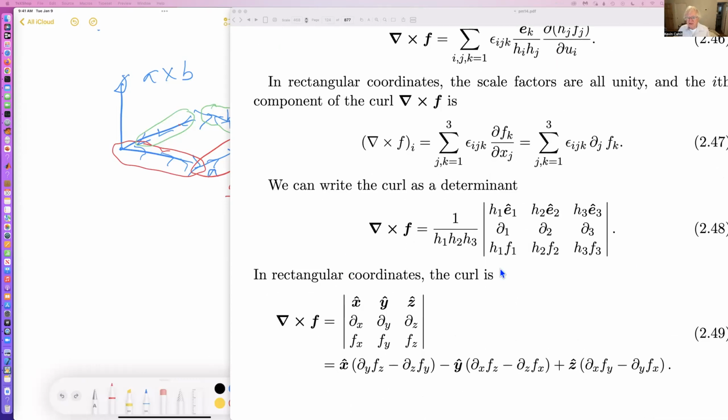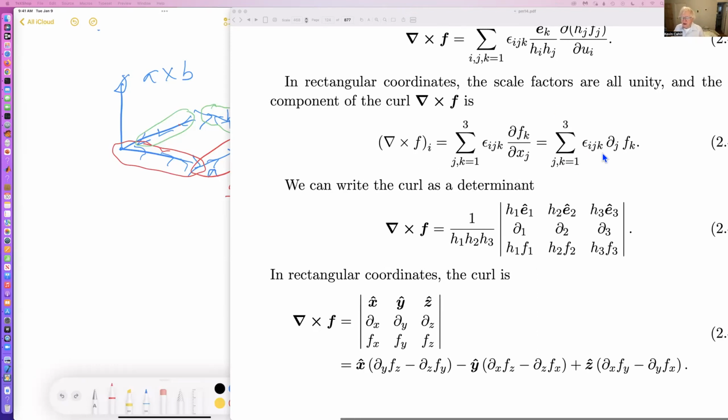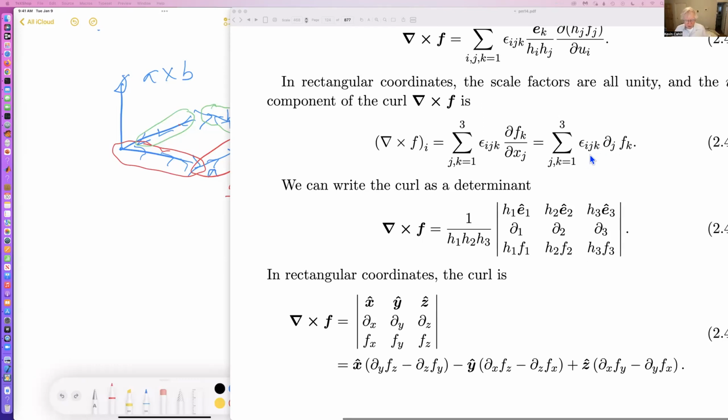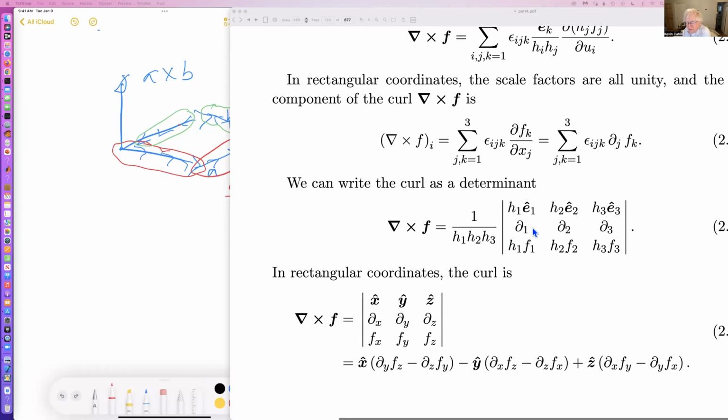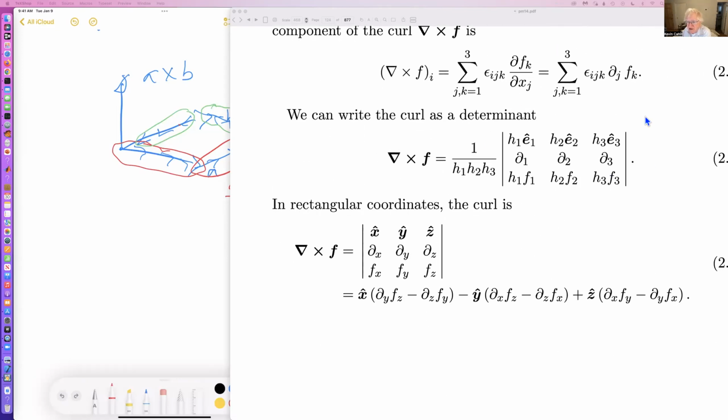In rectangular coordinates, it's very simple, because all the h's are just one. The ith component is epsilon ijk, the antisymmetric symbol, partial j of f_k. And one can remember, when we skipped over the sequence of determinants, you might have noticed that the determinant is basically a sum with the antisymmetric symbol, and that's the determinant of this kind of a vector.